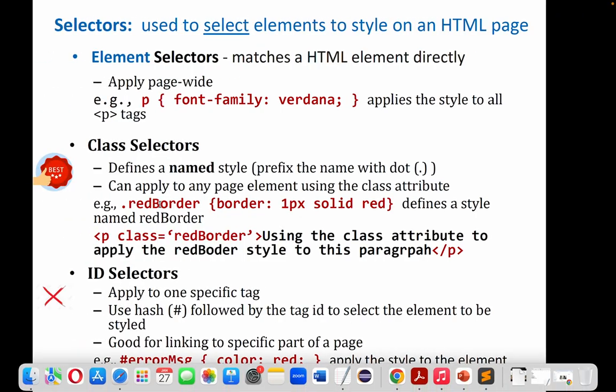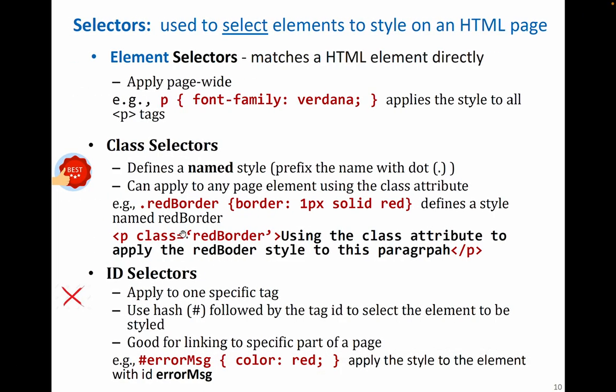So now let's go to the other version, which is a class selector. In a class selector, we define a style and give it a name. As in this example, I'd like to say red border. By red border, I mean that the border attribute should be 1 pixel, solid, and red.